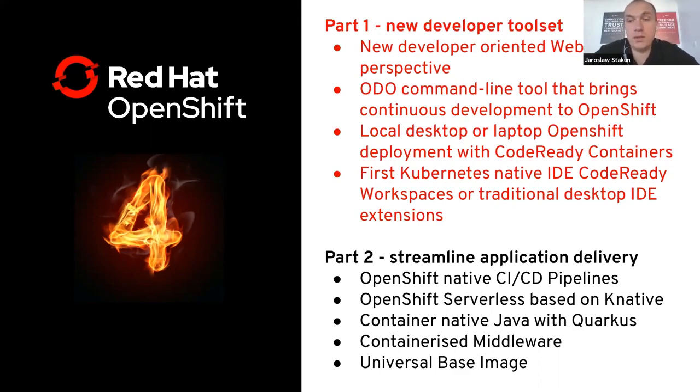The third one is CodeReady Containers, which is a single-box local OpenShift installation that you can deploy locally on your desktop or laptop. And the last one is CodeReady Workspaces, a development environment which runs entirely on OpenShift and which you can use to code, build and deploy your applications into OpenShift.